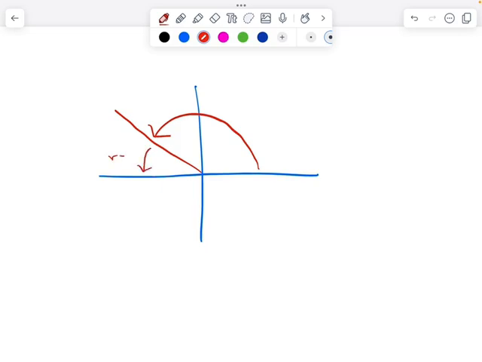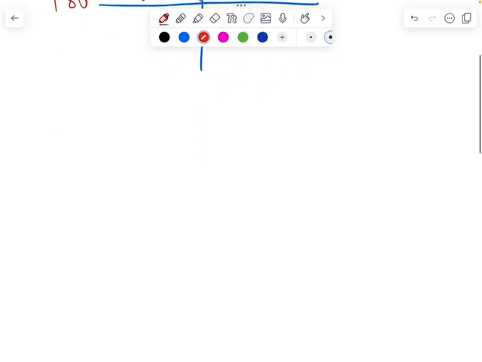So this would be your reference angle. Okay, this is if it's in quadrant 2. So if this is 170 degrees, your reference angle would be 10 degrees, because that's what you need to get to 180.